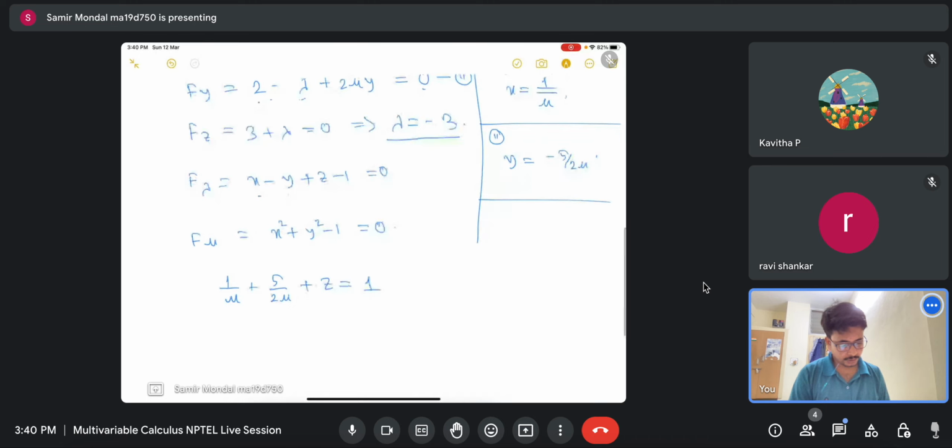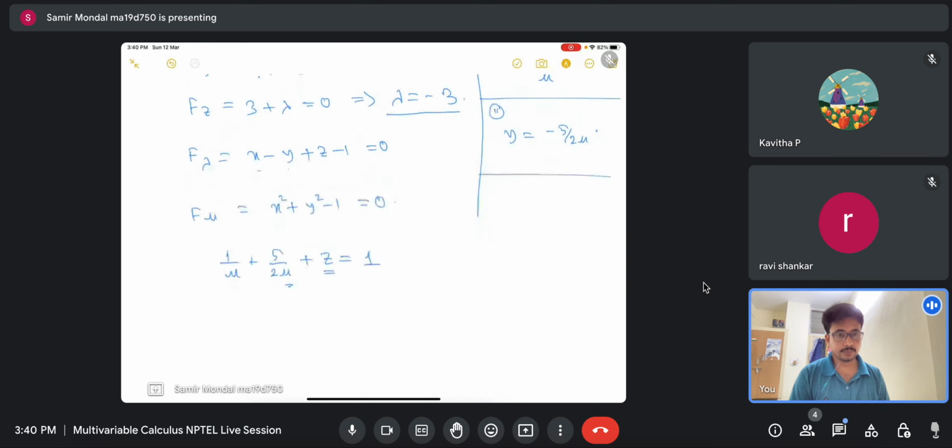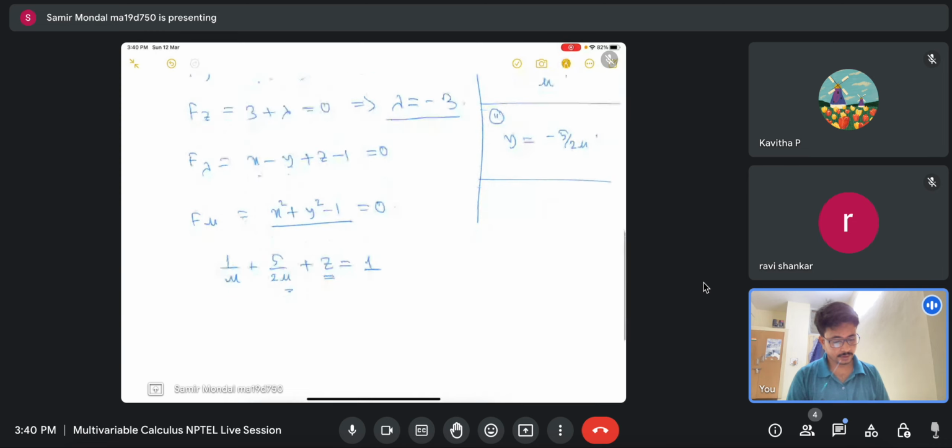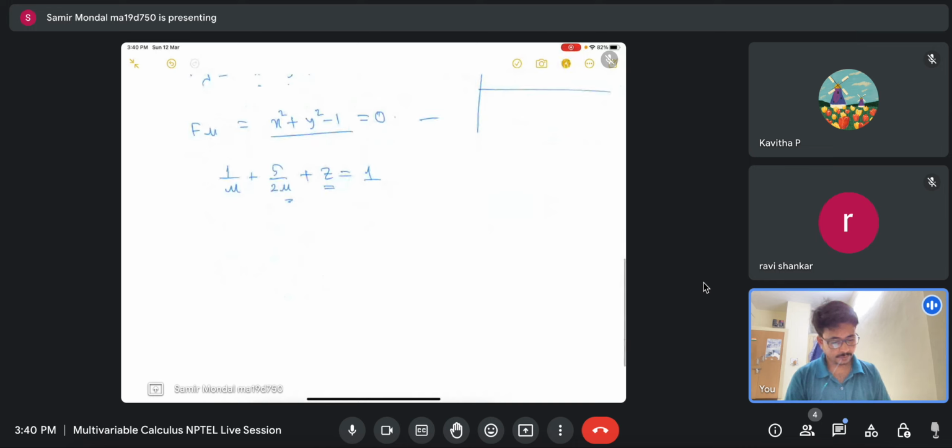So z also depends on mu, and x and y all depend on mu, so we need the value of mu. This is equation number 5. Putting the value of x and y in 5, x means this one, 1 by mu.